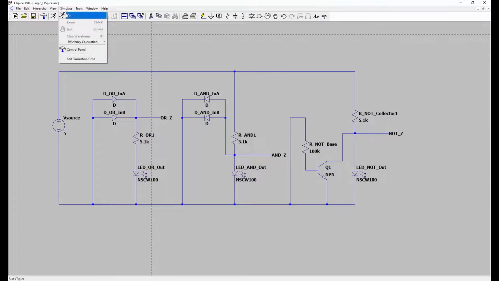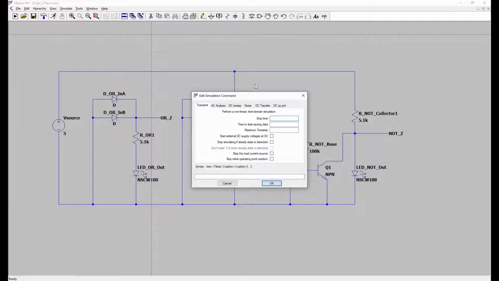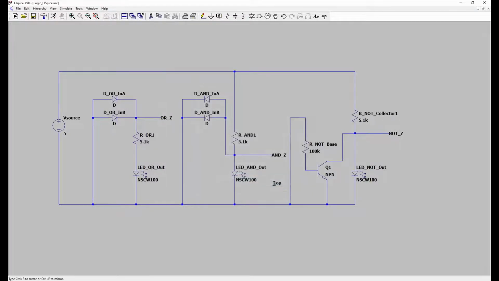And simulate, edit, DC operating point. OK, pop it there, and as usual I'm forgetting a ground. So let's put the ground right there.